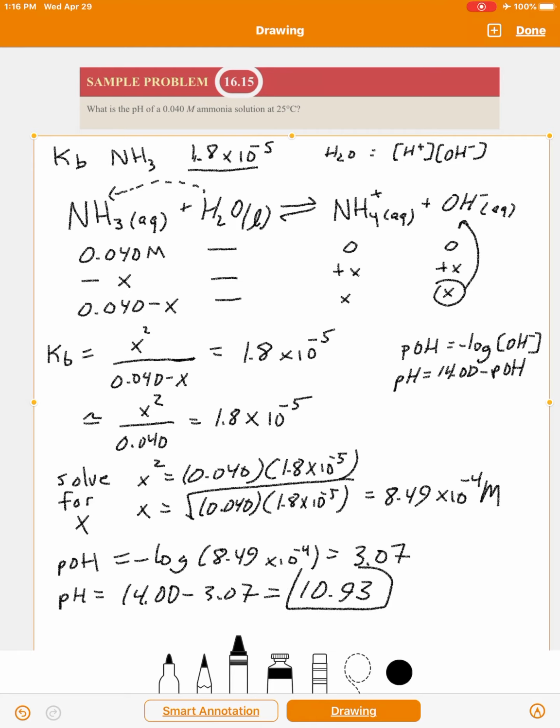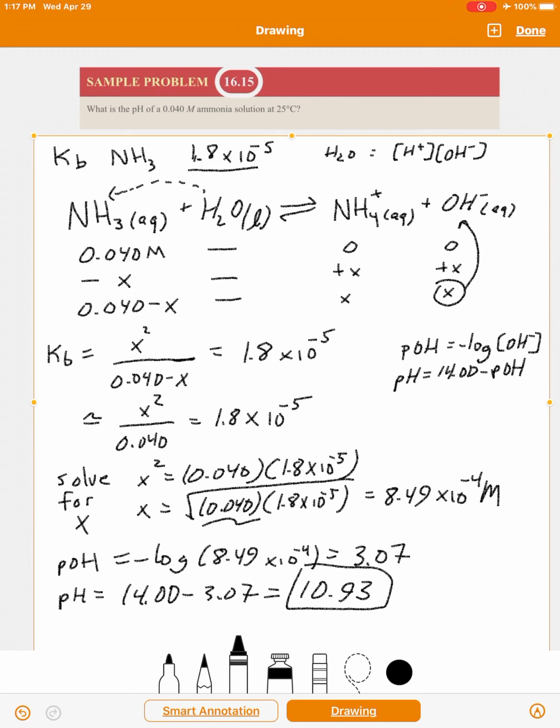Weak bases, when you dissolve them in water, tend to give you pH values that are above 7, but not as high as 13 or 14 like you could get with a strong base. So therefore, 10.93 is a reasonable answer there. It does, of course, depend on the initial concentration. So if the initial concentration had been higher, X would be larger, the hydroxide concentration would be higher, and we would end up with a higher pH.